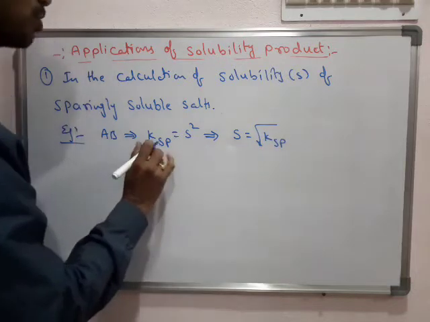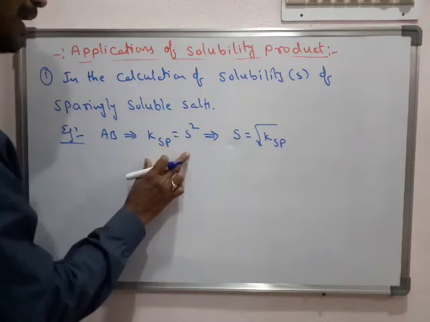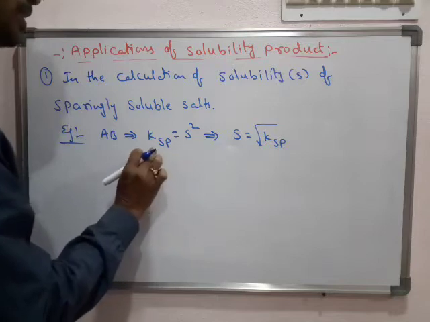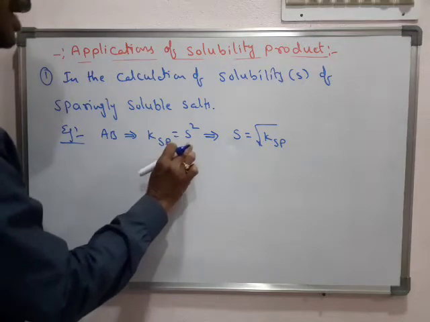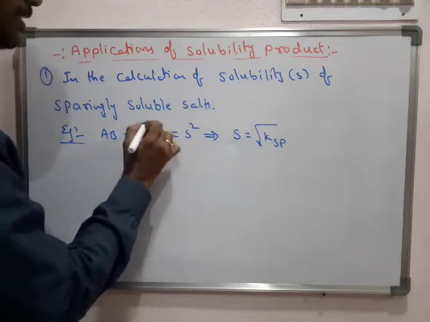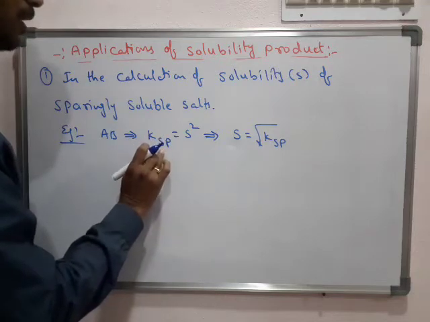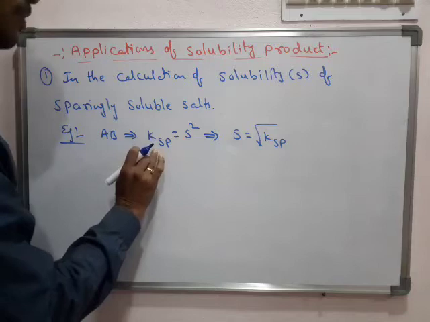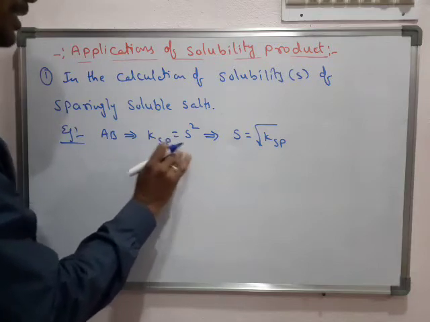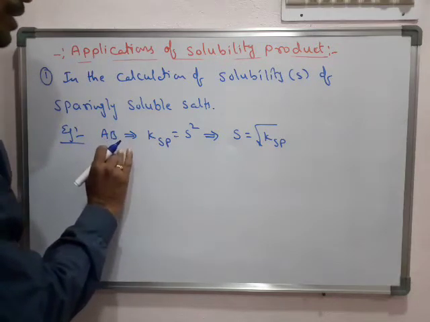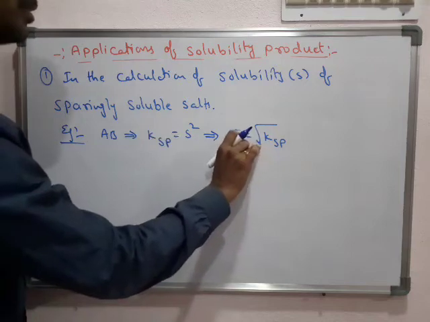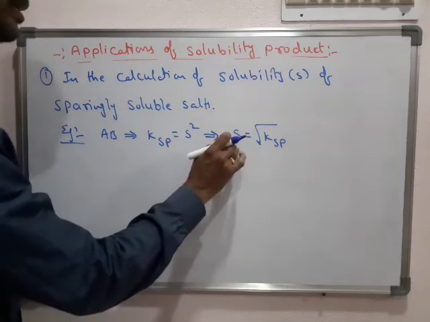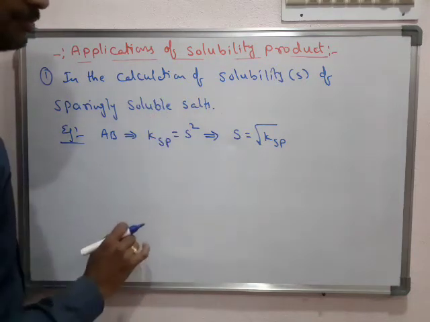So for different salts, with the help of the KSP value, we know the relation between KSP and solubility. This is called the relation between solubility product and solubility. Knowing this value and this relation for a salt, we are able to predict the solubility.